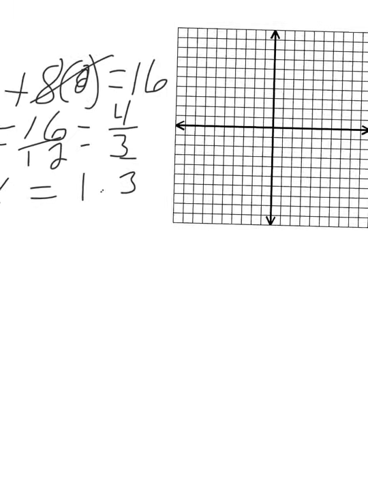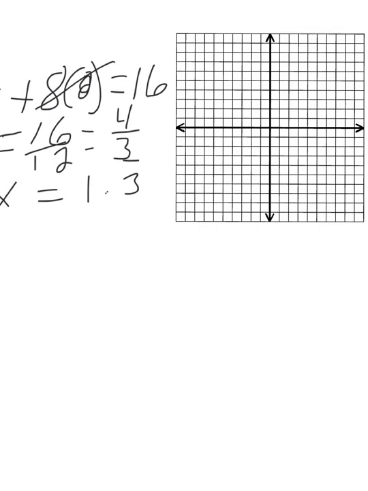Let's go ahead and still write our coordinate. We put in 0 for y, and 1.3 for x now, because we solved for x. So if I were to graph that, that's over 1.3.